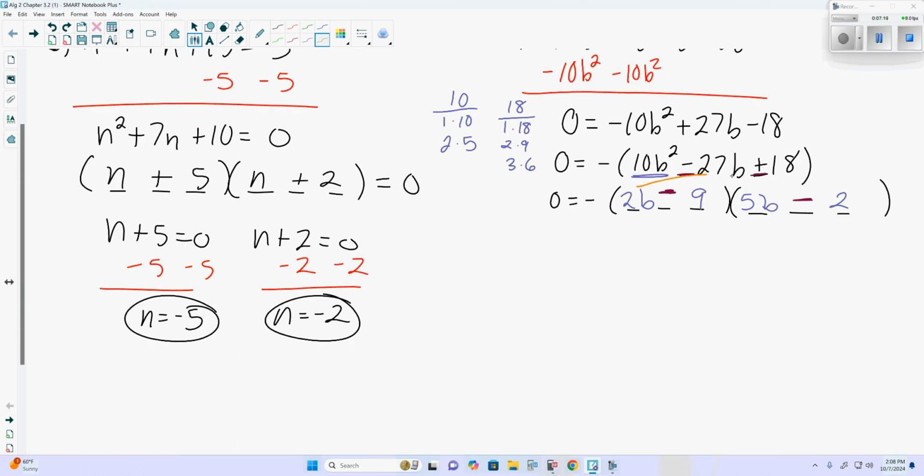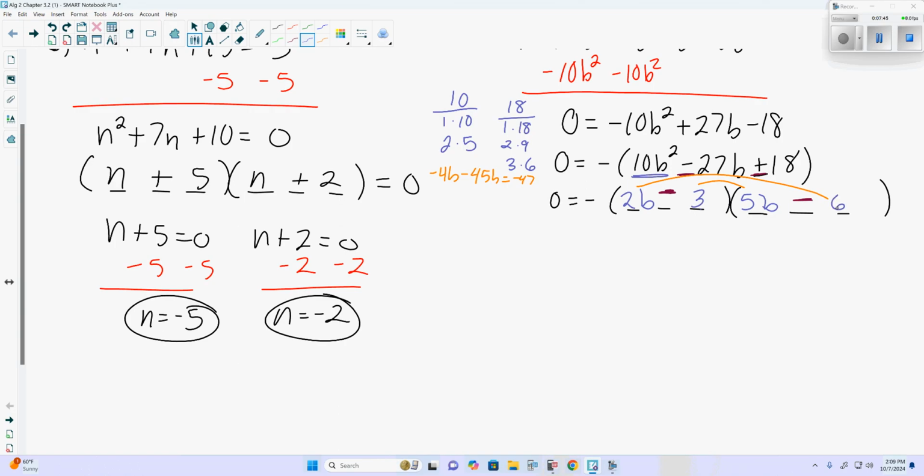Now when we check this, 2b times negative 2 is negative 4b. Negative 9 times 5 is negative 45b, negative 49b. So we can't have the other arrangement with 9 and 2 either.